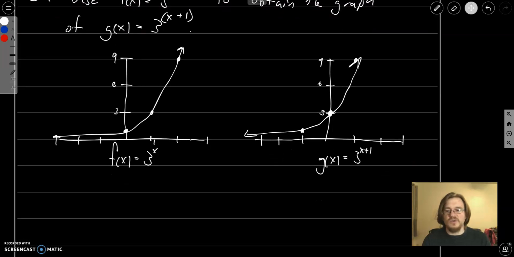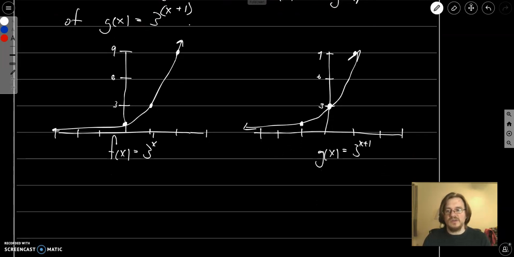And I do want to show one other thing, which is I want to take this function, which is 3 to the x plus 1. And when we look at this, we are adding things in the exponent. This is the same thing as taking 3 to the x power and multiplying it times 3 to the first power.